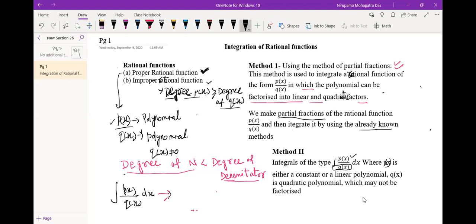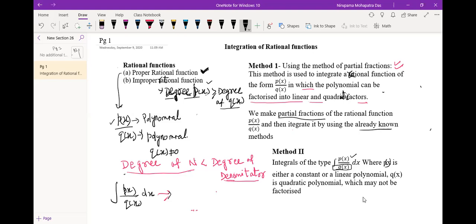On the other hand, if the degree of p(x) is greater than or equal to the degree of q(x), we call it an improper rational function.